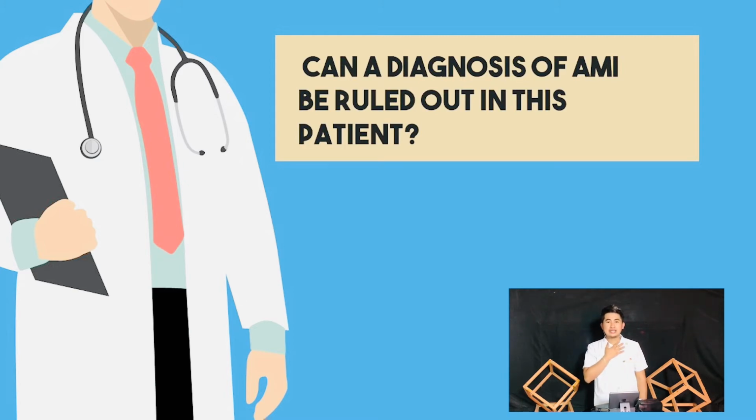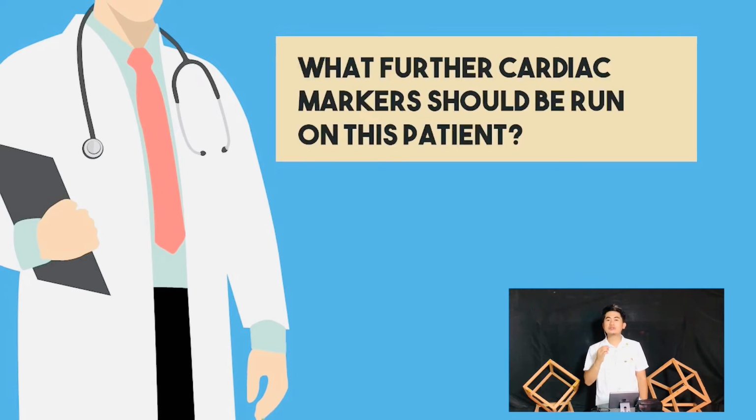So my answer is no, because AMI cannot be ruled out in this patient since LD1 is higher than LD2. This is a flip pattern indicating either a hemolytic disease or AMI. Number 2 question. What further cardiac muscle marker could be run for this patient?